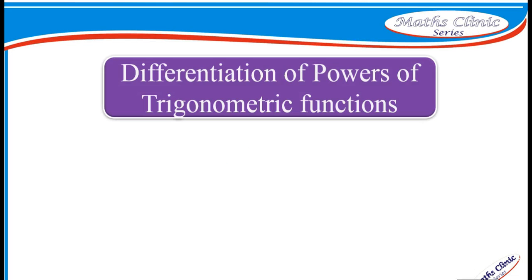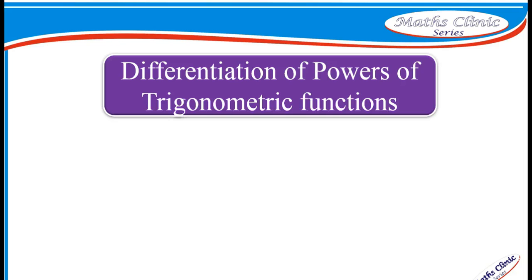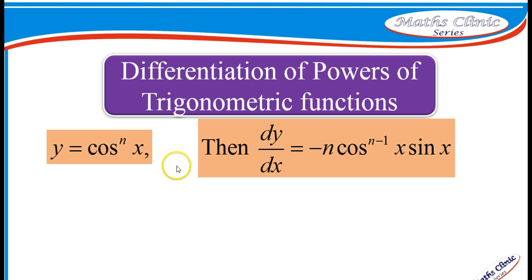Then again, I want you to also look at how to differentiate powers of trigonometric functions. Some of the functions will come with powers, like I give you y is equal to cos nx. Let's say cos squared x. We'll take examples and look at it. How do we get an answer for that? If you differentiate this, differentiating cos will give you negative sine.